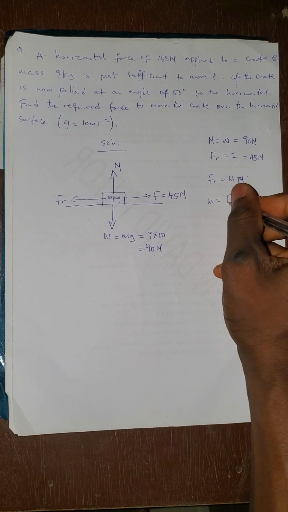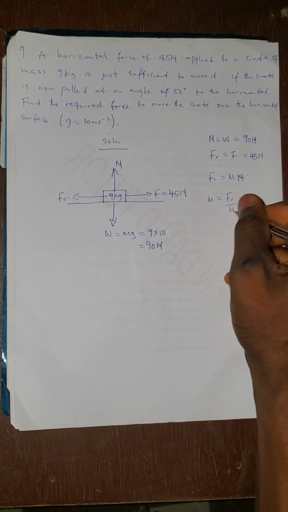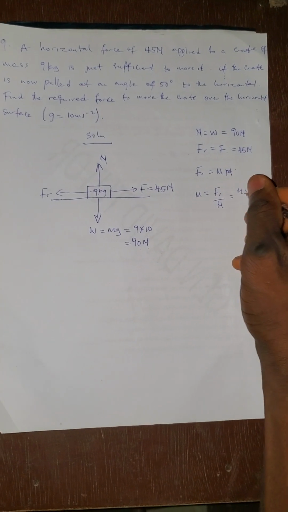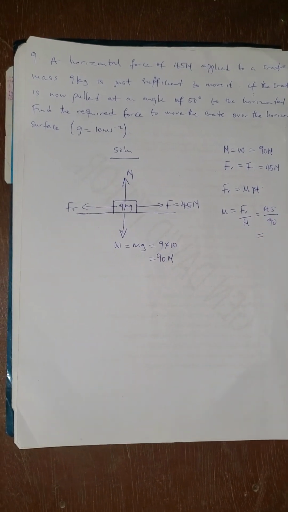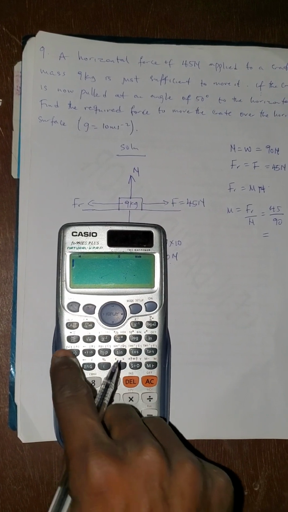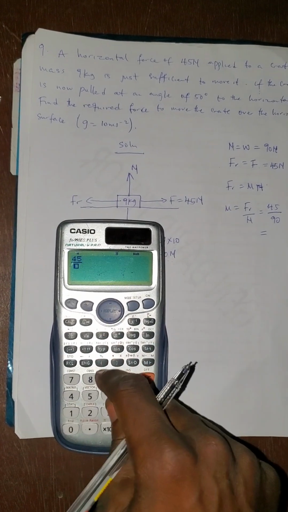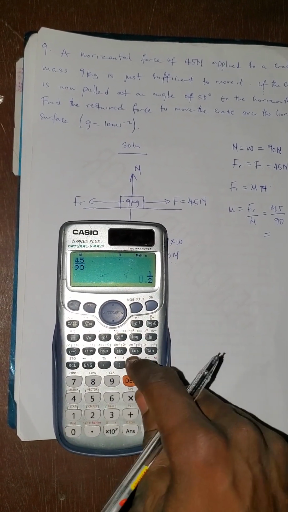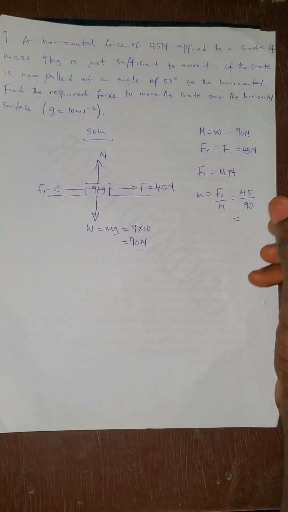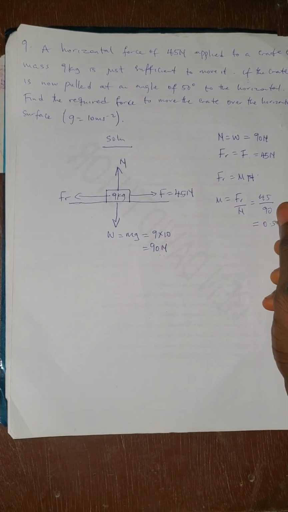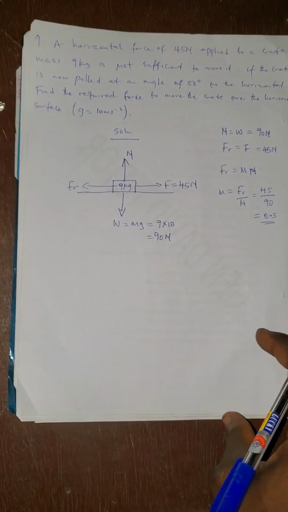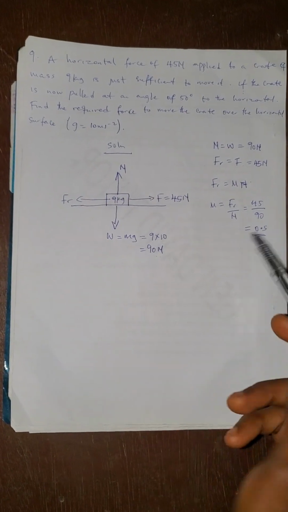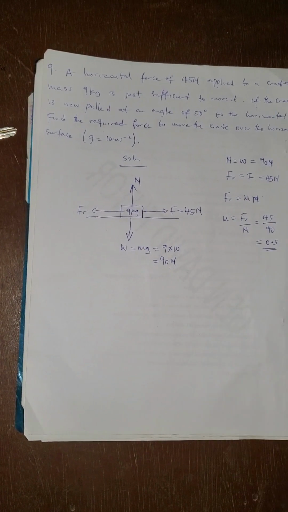So the coefficient of friction will be Fr over N, which is 45 over 90. So the answer is 0.5. So we've gotten the coefficient of friction, or let me even say the coefficient of static friction.